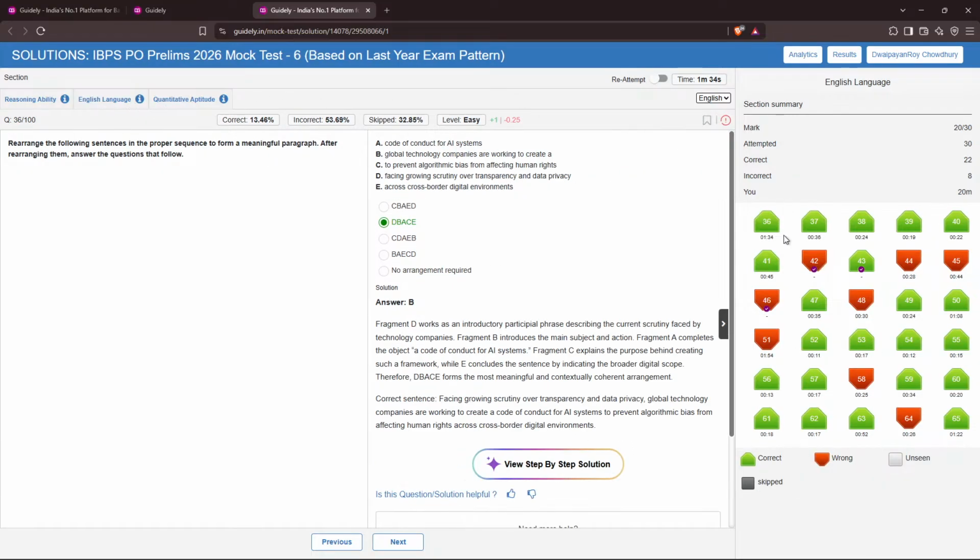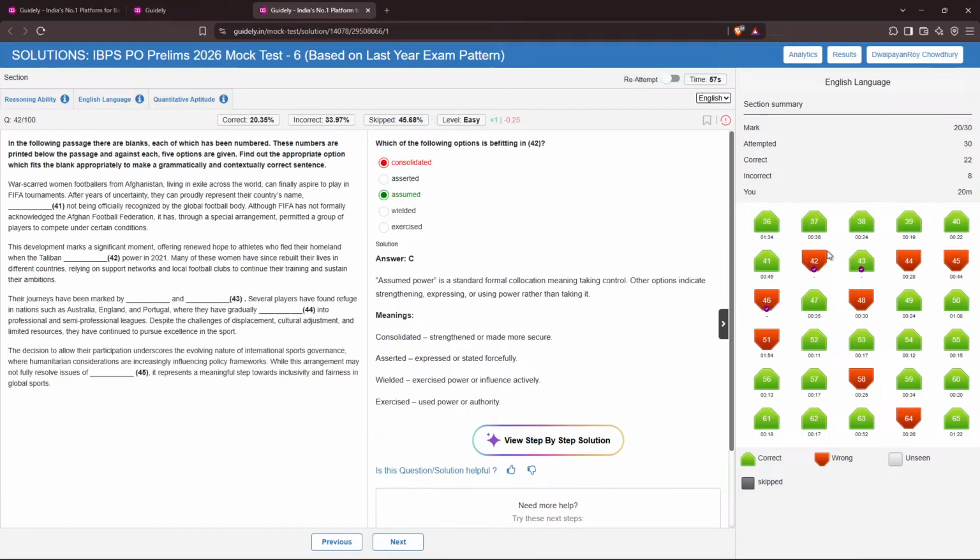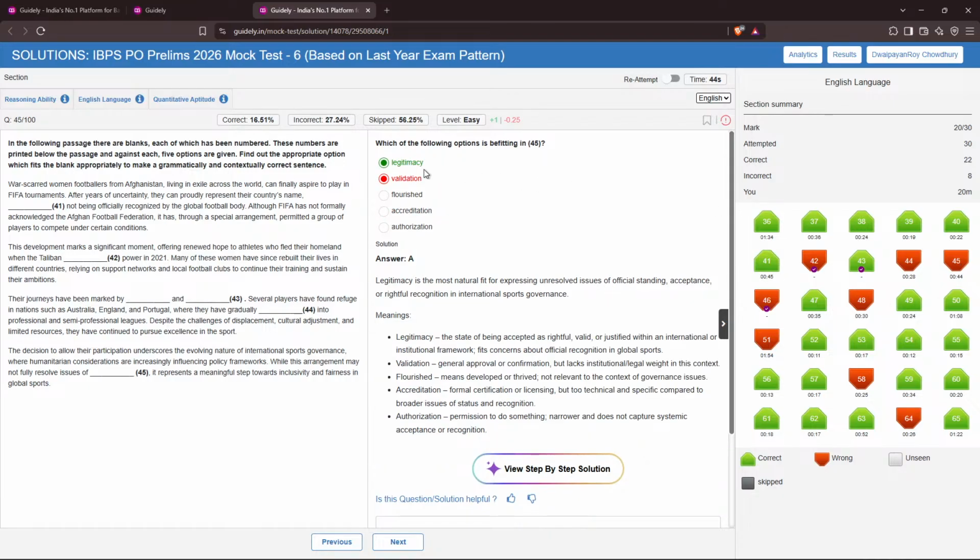Let's see the English. English was difficult for sure. So one, two of those marked, consolidated. So assume power, standard. This is integrated, gradually integrated into legitimacy, validation. Those are very synonymous words.